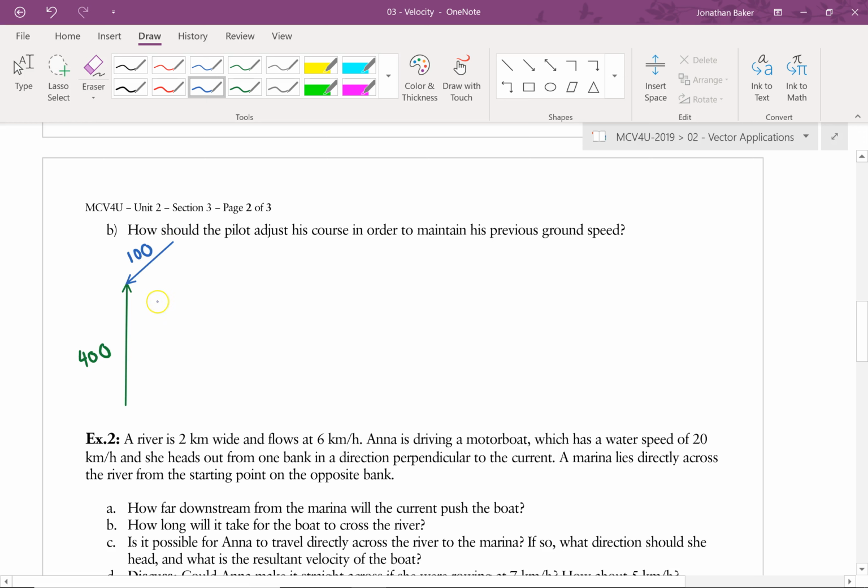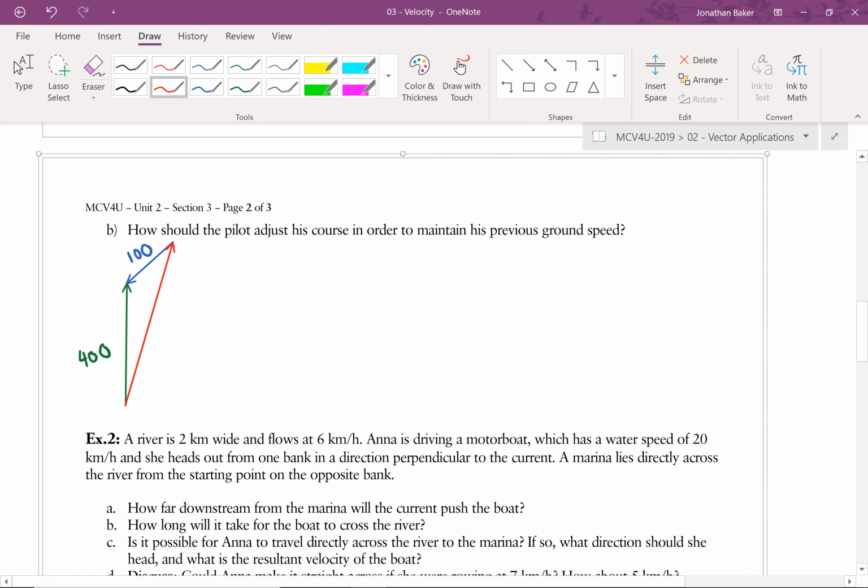Or another way of saying this is that we want to travel with such a velocity that when added together with the wind, from here to here and added with the wind, we end up where we want to go, with this resultant. So you want to make sure that these two vectors, the new trajectory plus the wind, is equal to the resultant that we want.